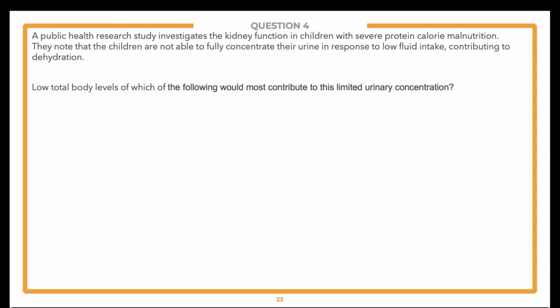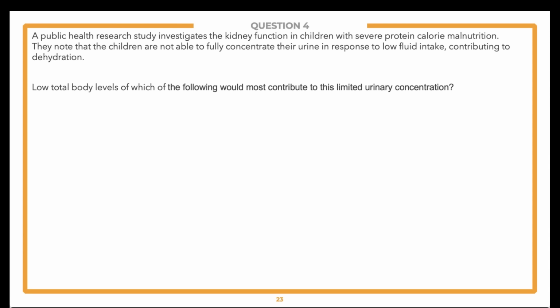Low total body levels of which of the following would most contribute to this limited urinary concentration? Okay, so we know we're going to be looking for something where low levels might contribute to a limited urinary flow. So let's read the vignette.